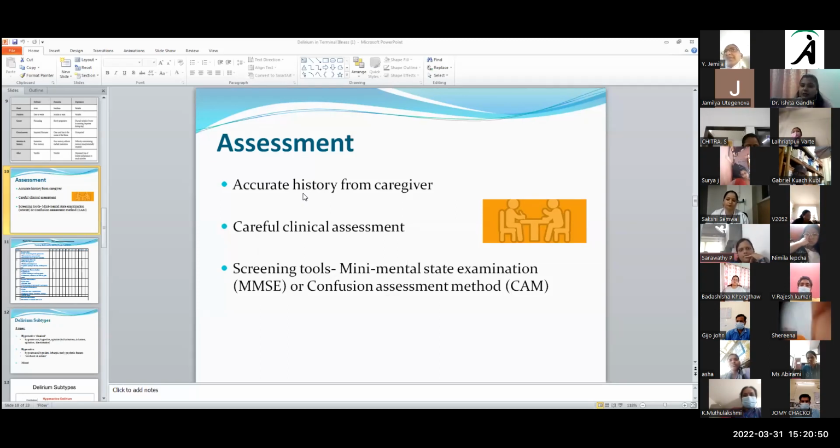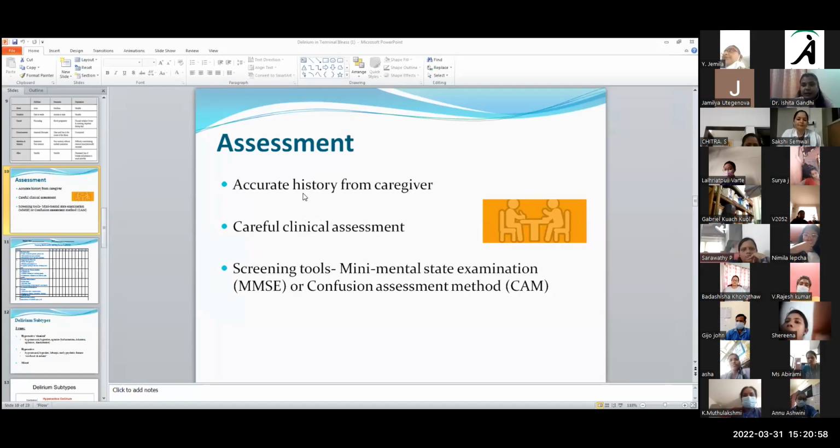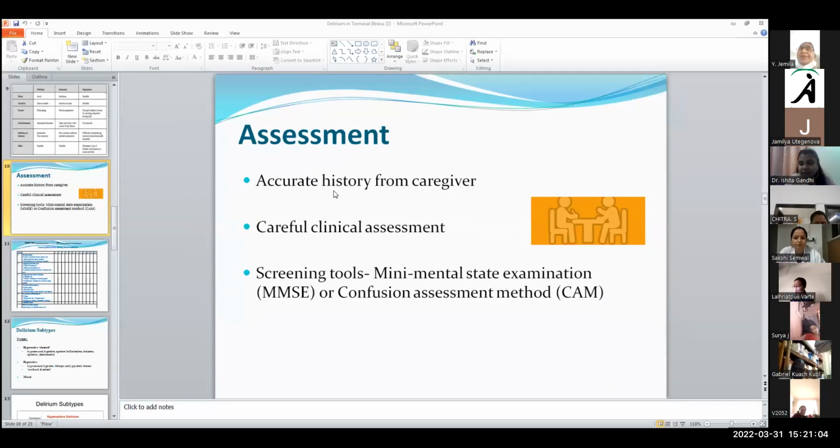There are also screening tools available, like the Mini Mental State Examination, which is also called MMSE, or the Confusion Assessment Method, which is called CAM. There is another method called the Nursing Delirium Screening Scale that most recently we at Cancer Support have started using and have found it to be very easy.